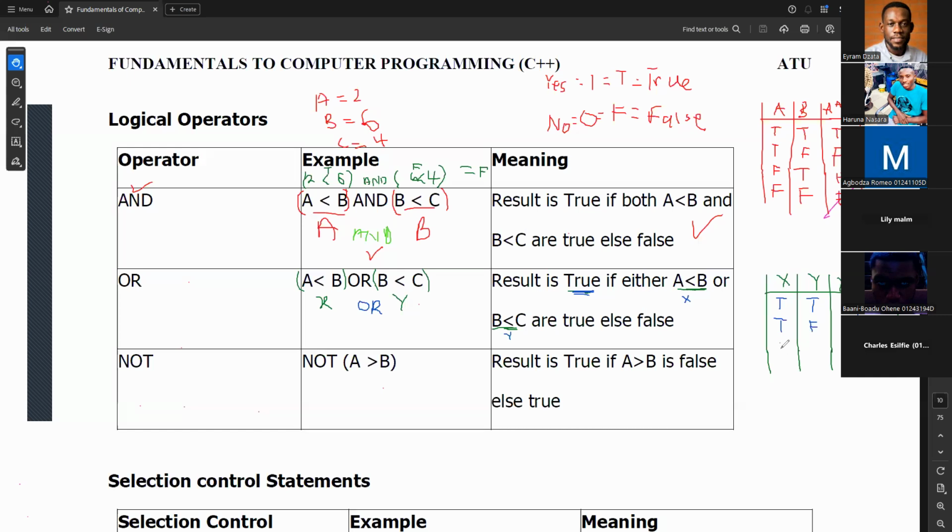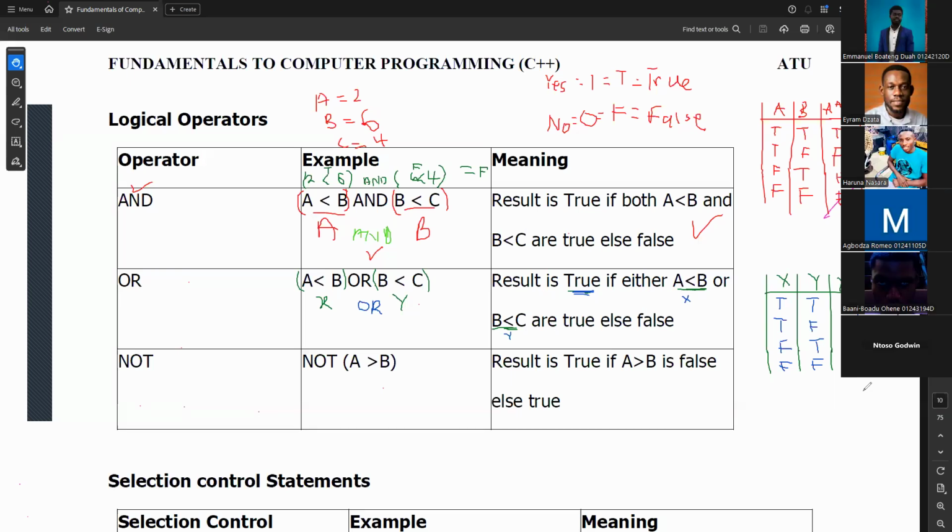Then if our X is false and our Y is true, then X or Y is still true because at least one of them is true. And finally, if our X is false and our Y is also false, then X or Y is false.